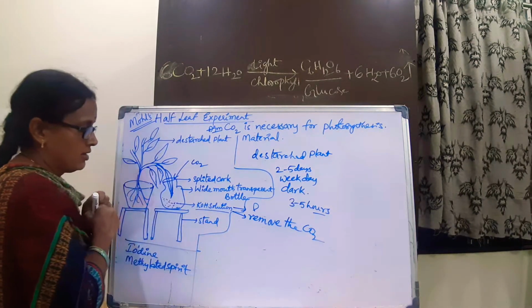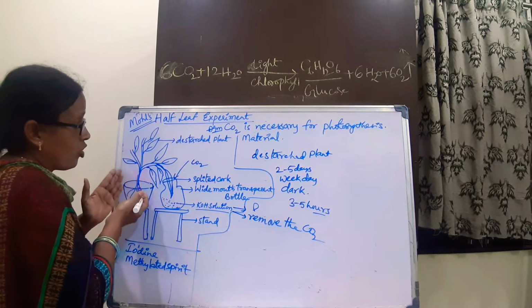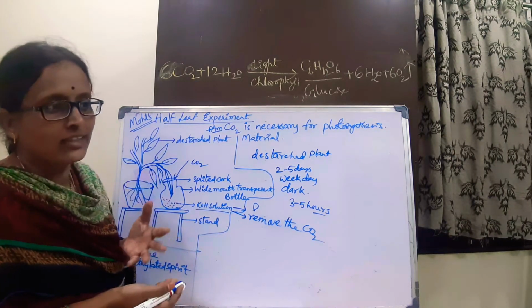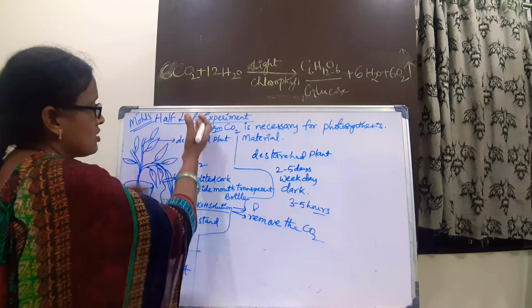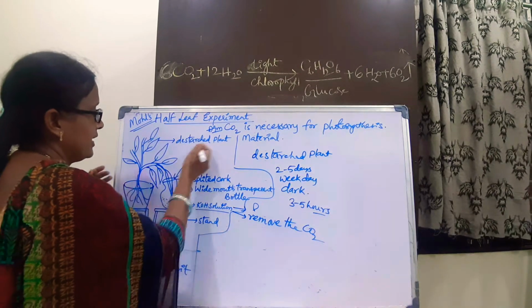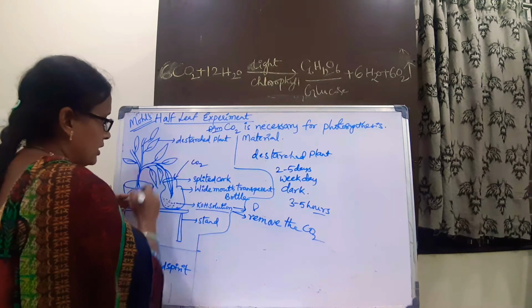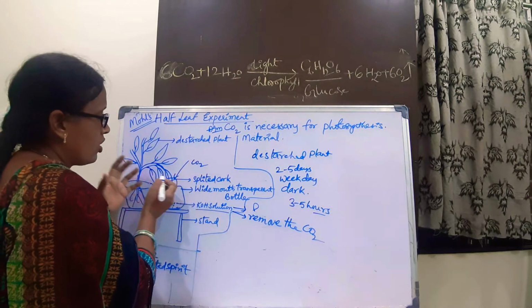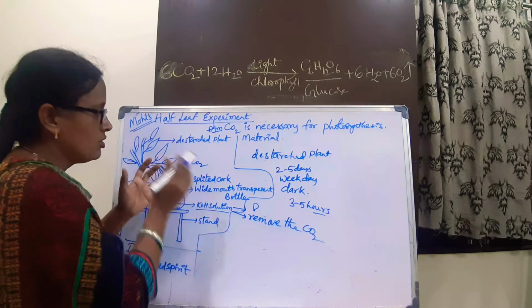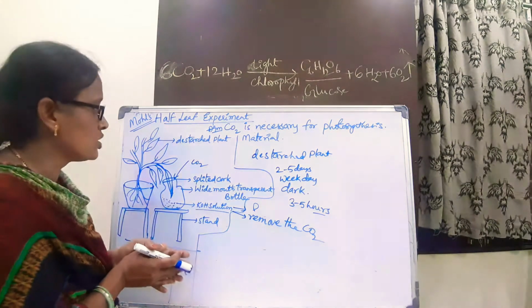This is the plant. It is already a destarched plant. So it starts photosynthesis, and it takes carbon dioxide from the atmosphere, and water is already given, so it takes water, and in the presence of sunlight it starts the process of photosynthesis.